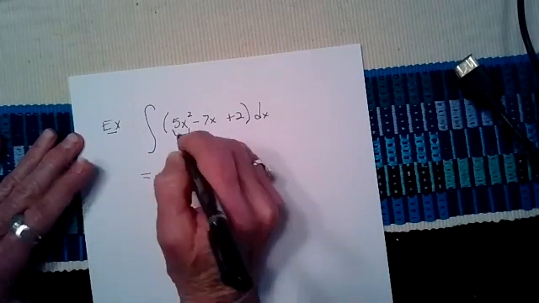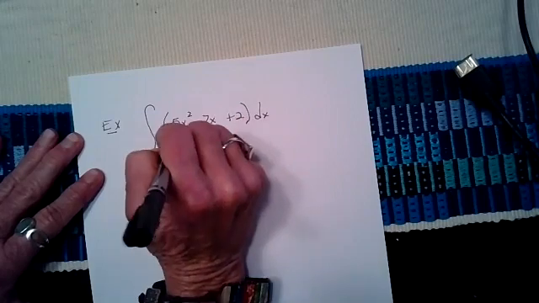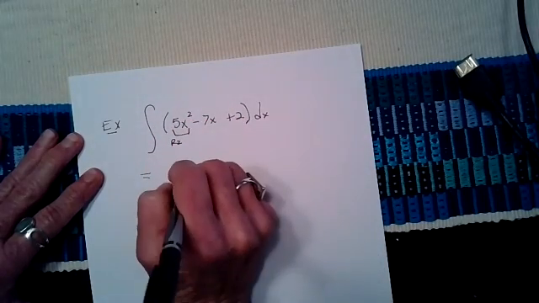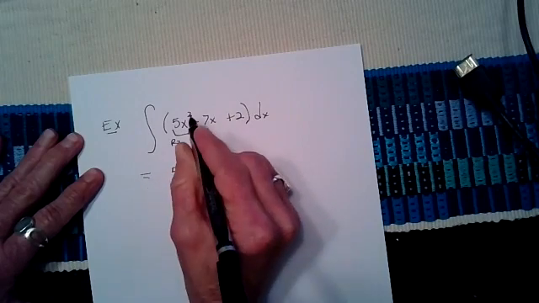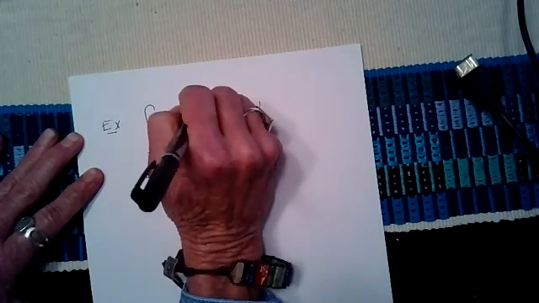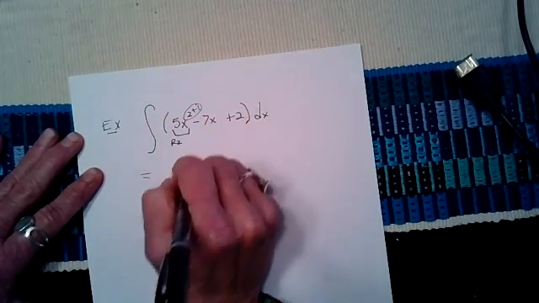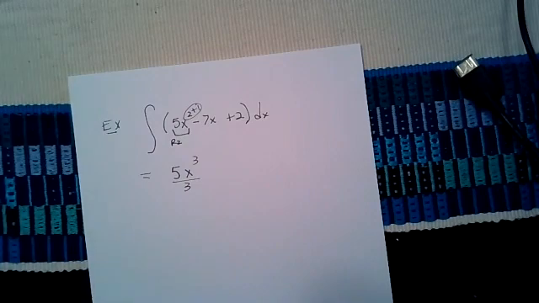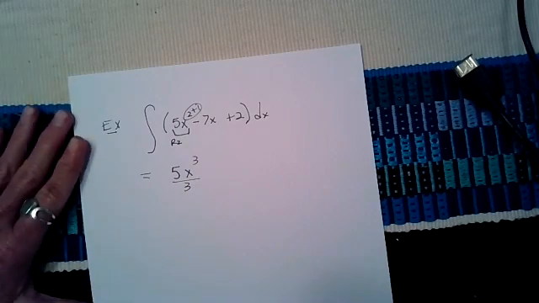I bring my 5, and it's x to a power, so that's rule 2. What is my new exponent when I add 1 to 2? My new exponent is 3, and I divide by 3. Before it reduced, but it won't always reduce, so that's rule 2.